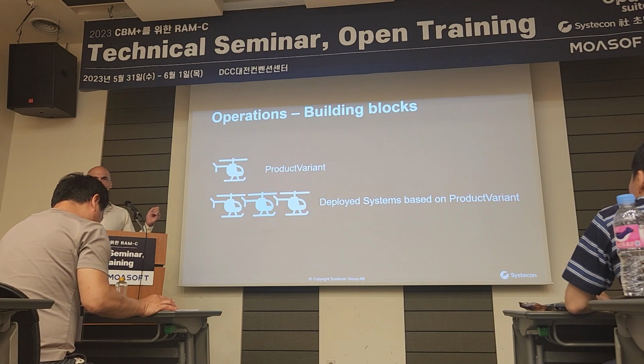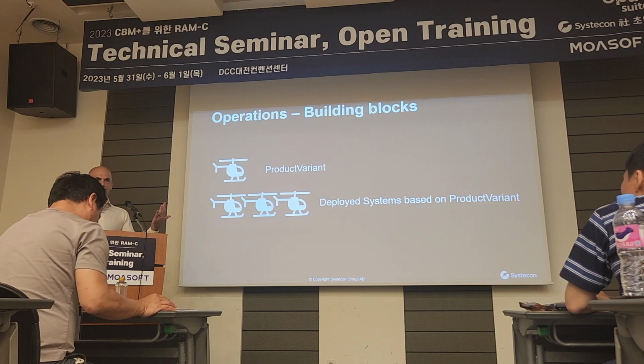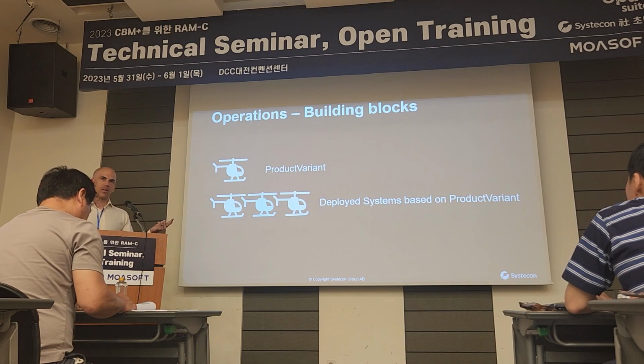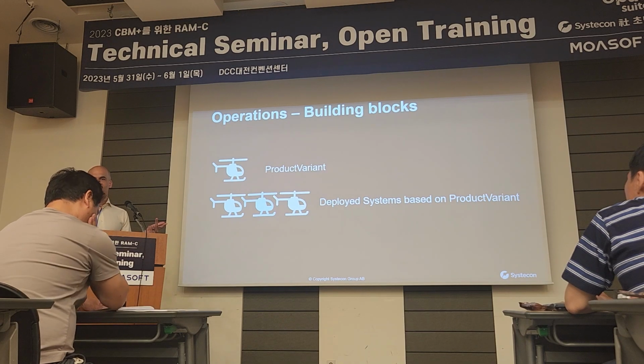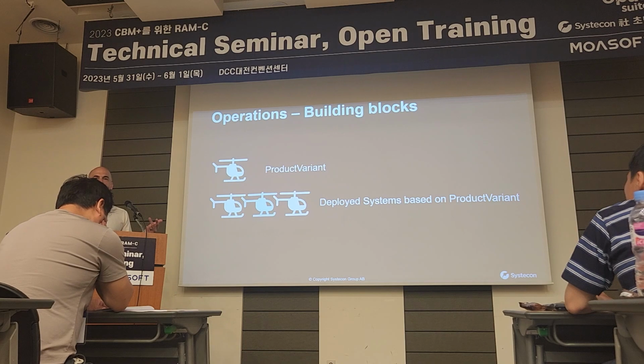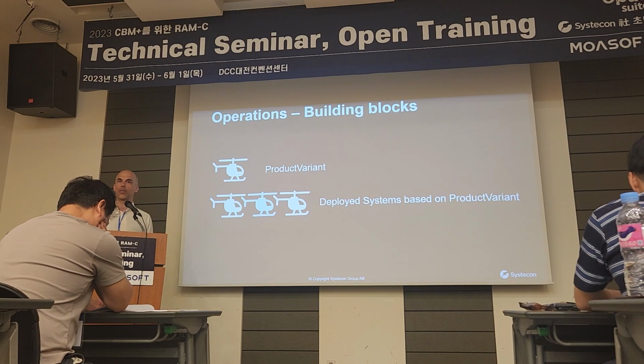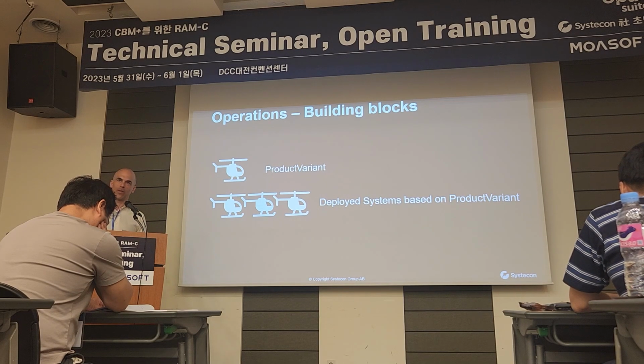You could have one product variant that has an engine, either diesel engine or fuel engine or electric engine. That's when you buy a car. You can say, okay, I want to buy this car, and often the supplier gives you the possibility to choose what kind of engine you want to have in your car. It's the same car, but it can be implemented in different ways. So the same product variant, but when you buy it, it can't have 3 engines. You must choose one of them.